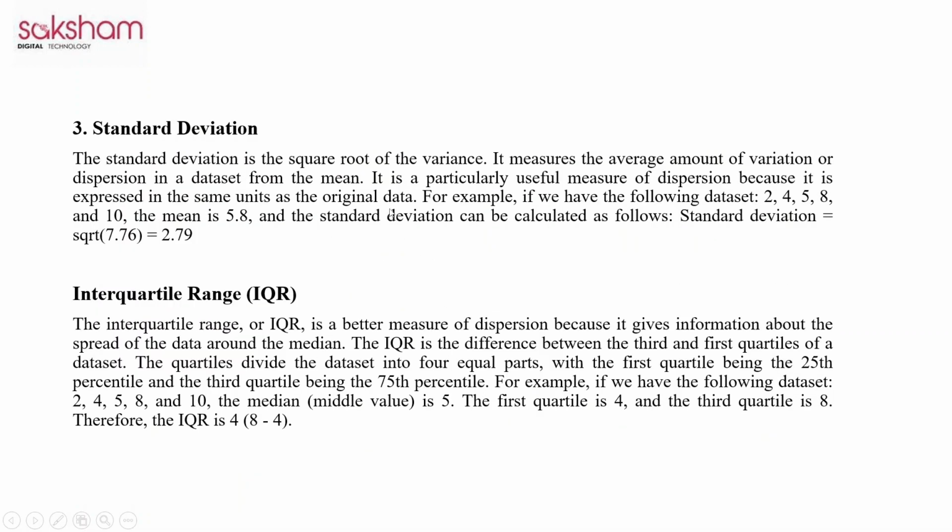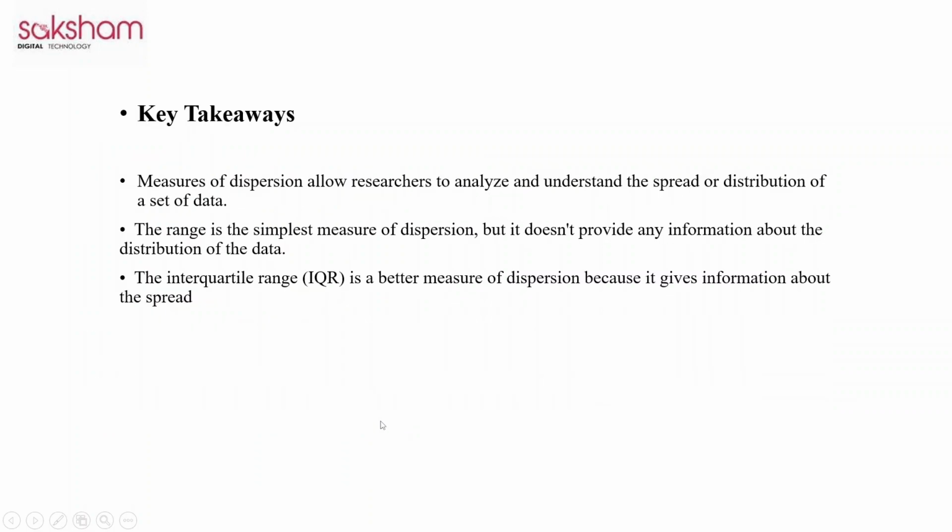In the next video, we will take another example and clear this concept. Now the key takeaways. Measures of dispersion allow researchers to analyze and understand the spread and distribution of a set of data. We already learned about this.